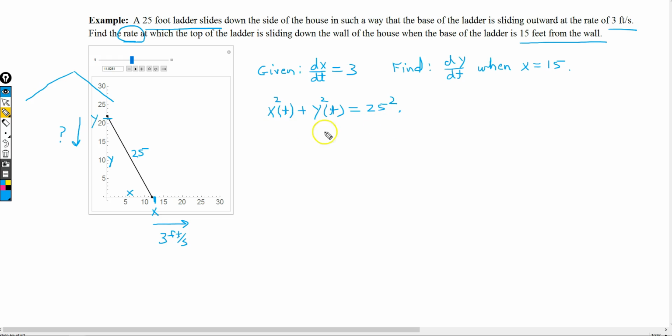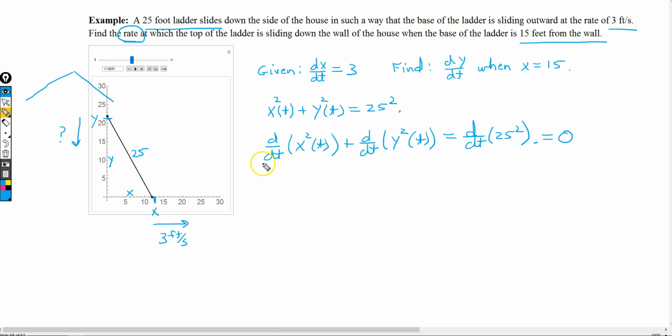So now differentiating this with respect to t, now this of course is 0 here. Now when we differentiate this part right here, this is going to become 2x times dx/dt, or 2x x prime.